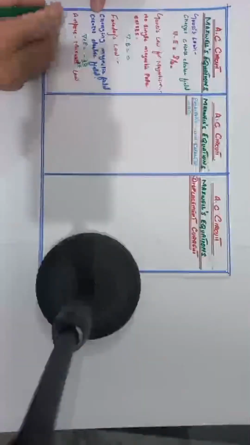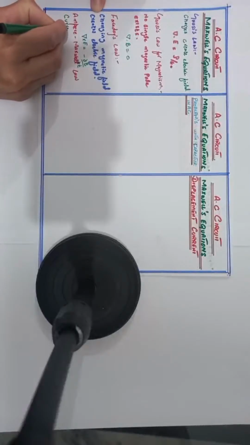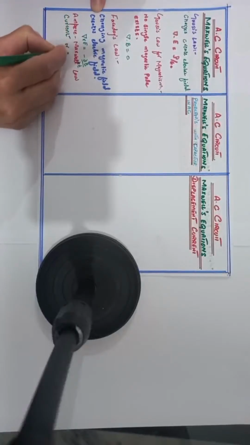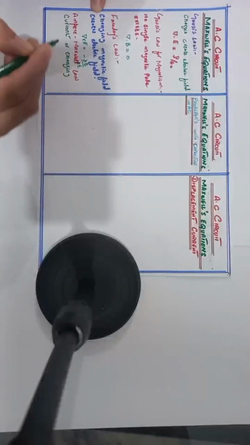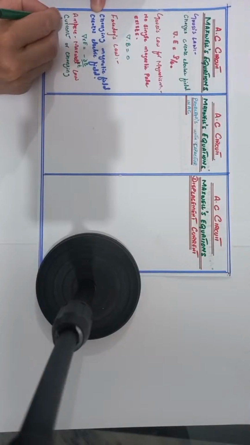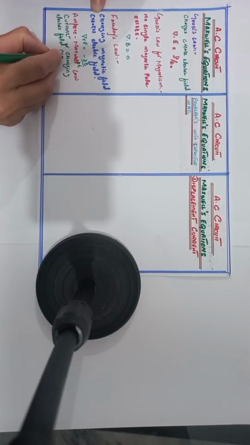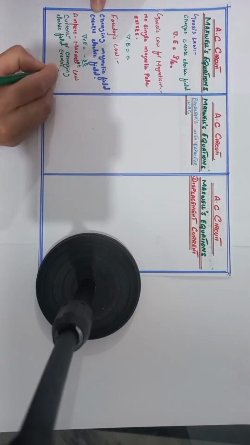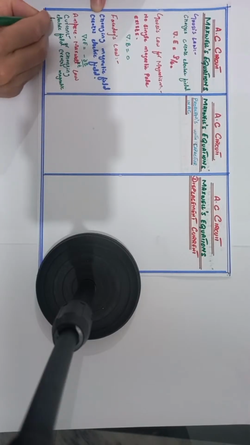Ampere-Maxwell law: a current or changing electric field creates a magnetic field.